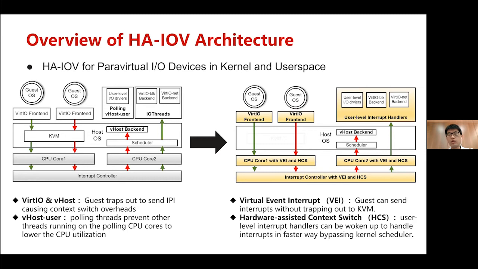The user-level threads can be woken up quickly. Furthermore, through the combination of VEI and HCS, the wasted polling CPU cores become free to run other threads. It can improve the CPU utilization.